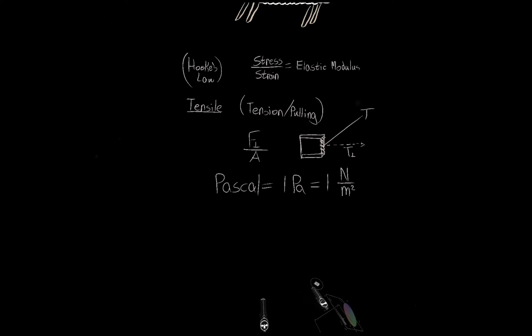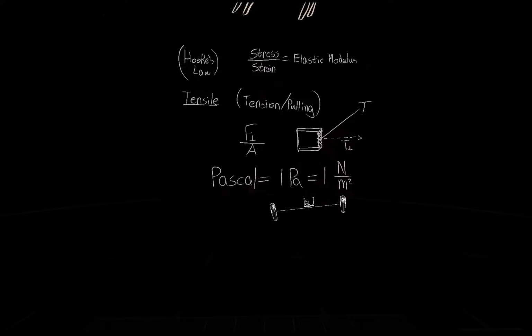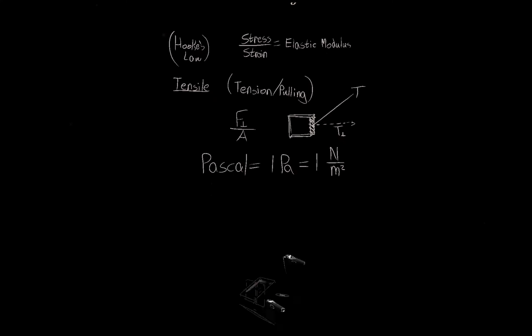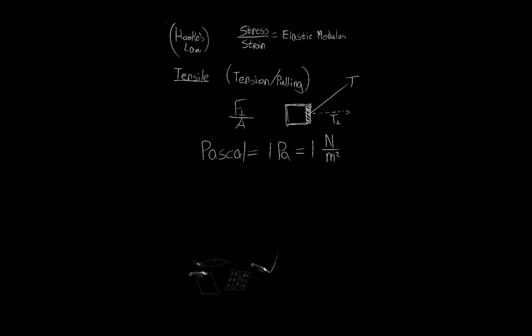You might recognize that unit. It's the same unit as pressure. So you can think of pounds per square inch, PSI, in your bicycle tires. This would be a unit of pressure. It's the Pascal, and it's also the unit of stress.